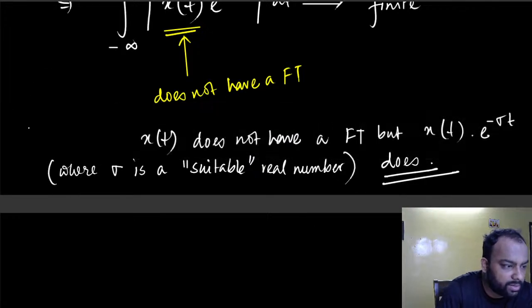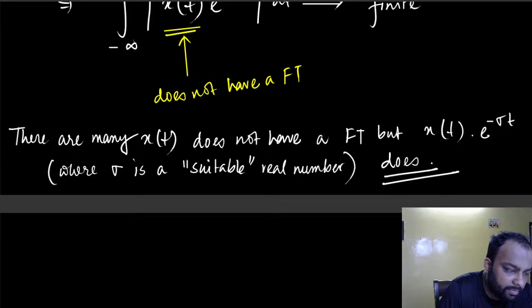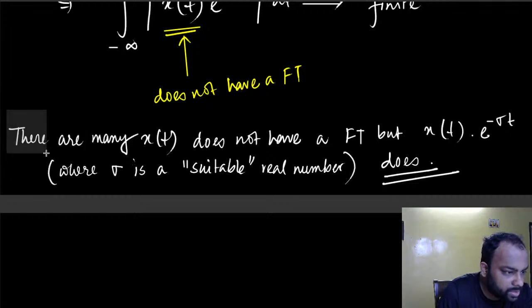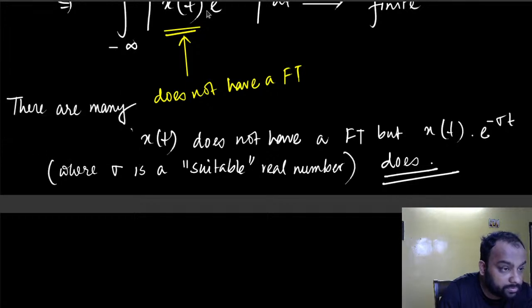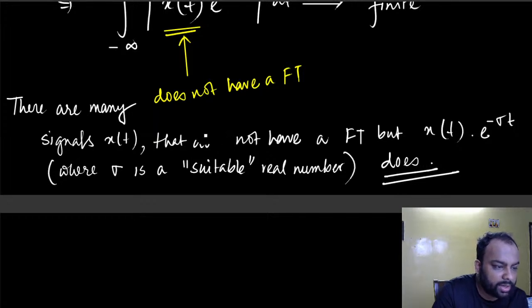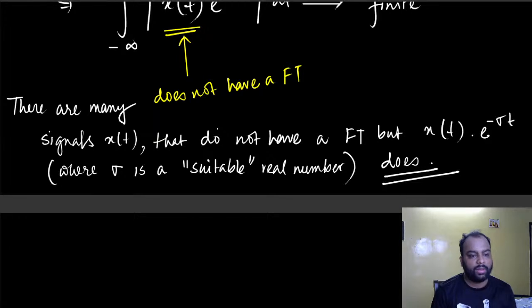So I can say there are many signals x(t) that do not have a Fourier transform, but this part will have a Fourier transform.